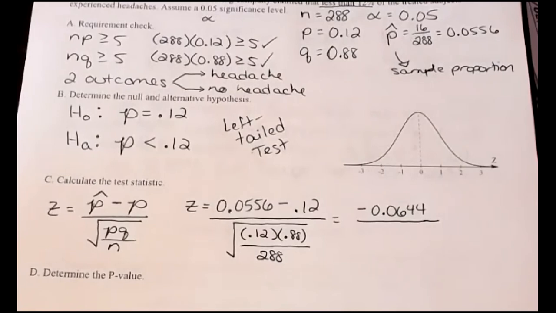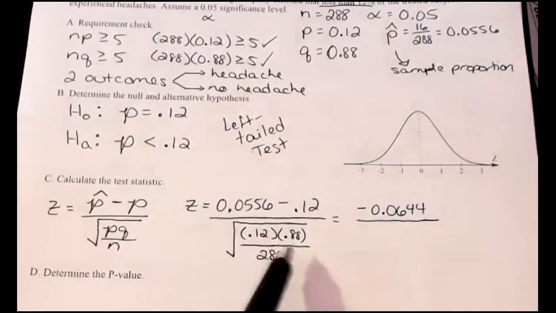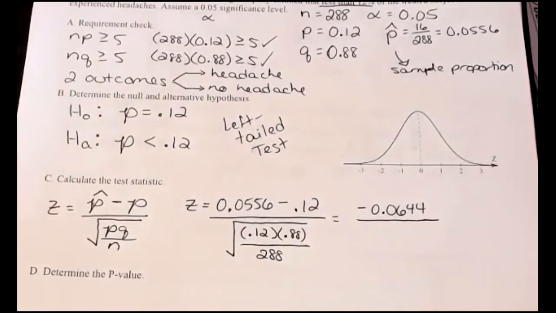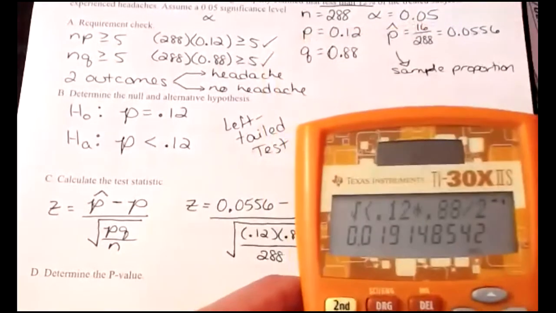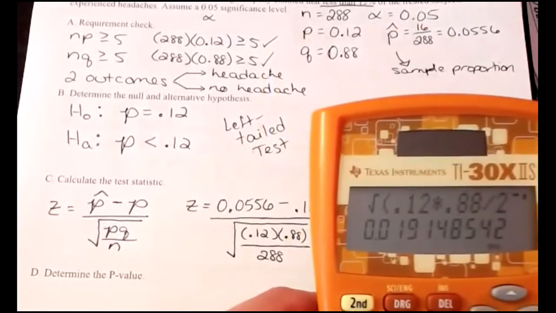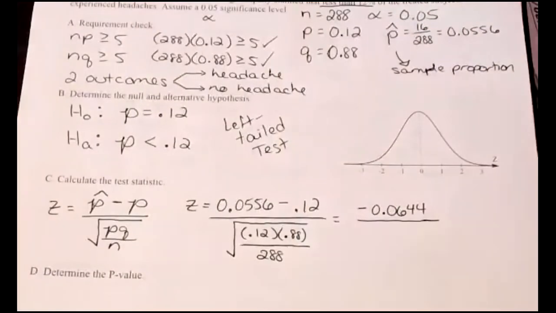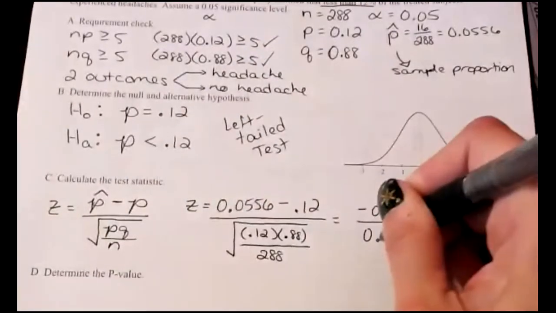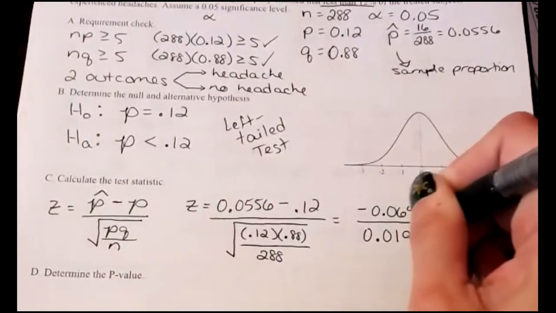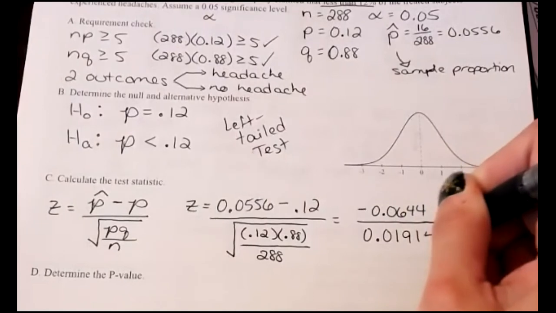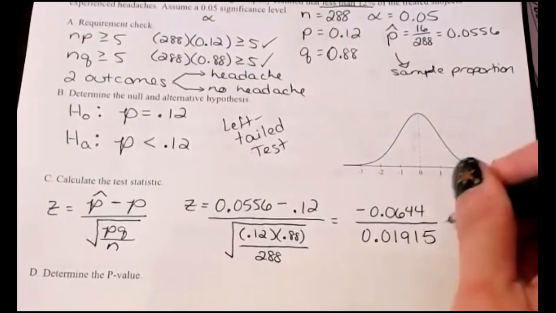Then I would take the square root and I would just input everything I see here. So 0.12 times 0.88 divided by 288, and then close it and press enter. I literally just typed it in exactly as I saw it. So 0.12 times 0.88 divided by 288, that left me with 0.0191. I'll round to this place, 5.